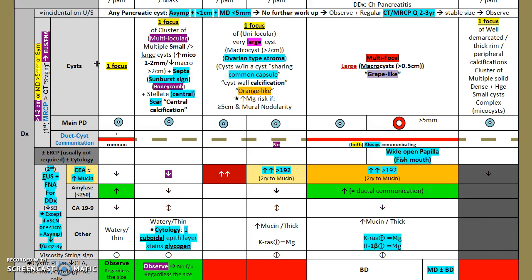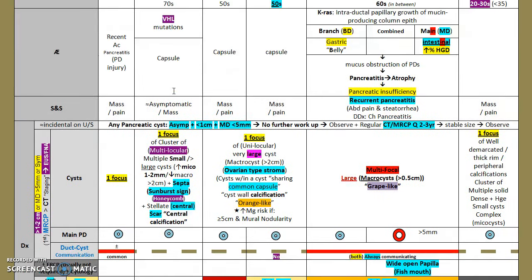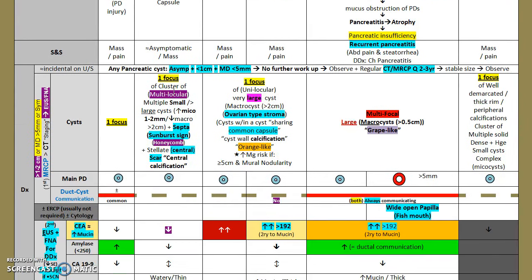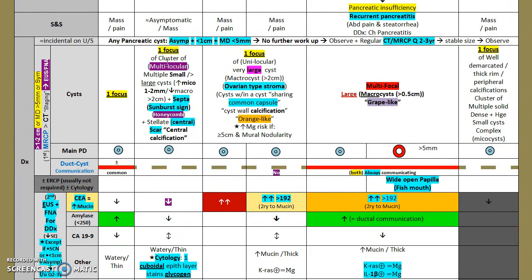So regarding the cysts, all these types of cysts are usually located in one focus, except the IPMN, which is a multifocal disease. The other thing, when we talk in more detail, the serous cysts are one focus of a cluster of multilocular, usually small rather than large cysts, that is 1 to 2 millimeters.